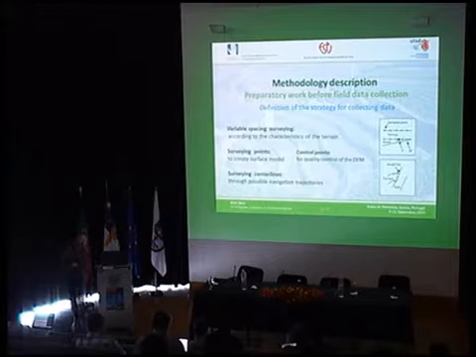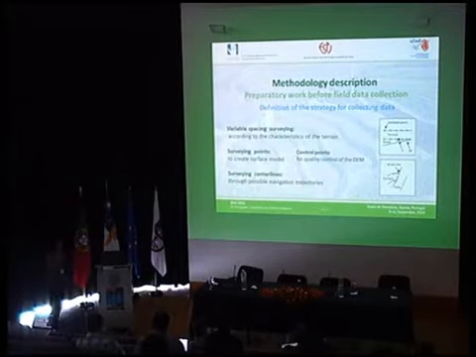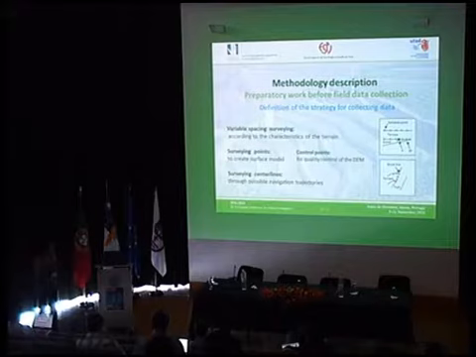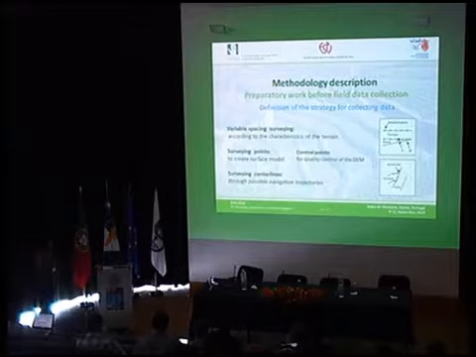For the strategy for collecting the data, we have defined two criteria. The first one, the acquisition is based on a variable spacing surveying according to the characteristics of the terrain.